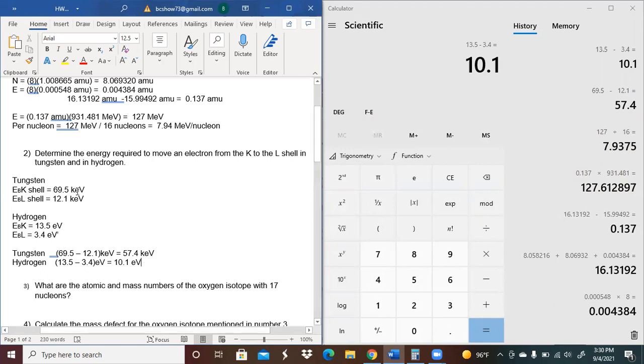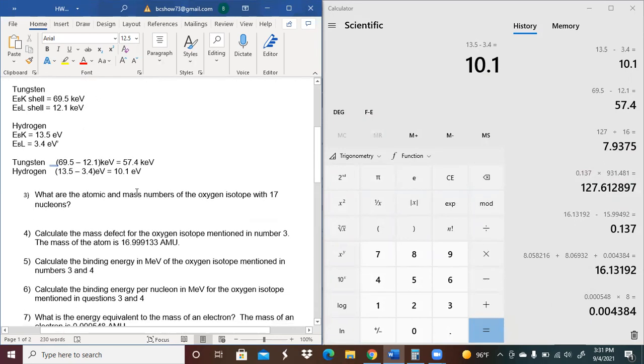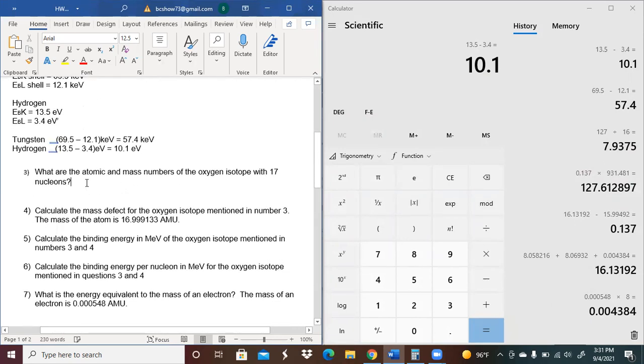So basically what you're doing is you're taking the difference here between these energy levels. So this is the energy required here in order to be able to transfer from the K shell to the L shell. So let's take a look here at number 3.